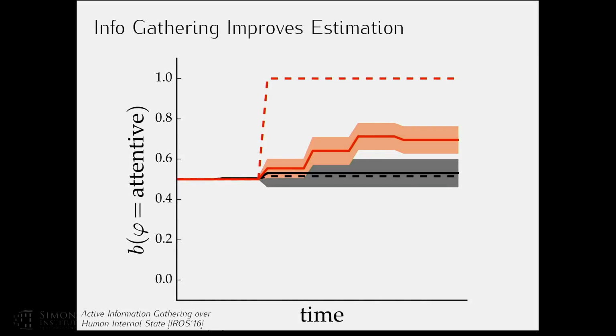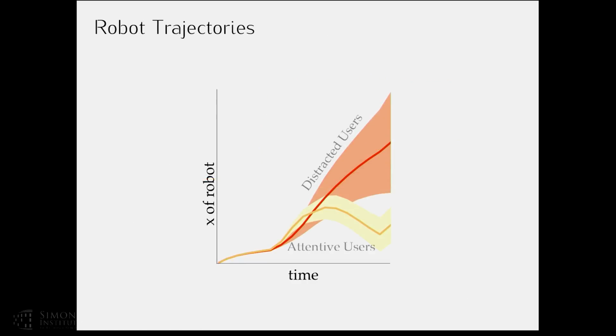Here what you see plotted is the robot's belief in the passive case, and in the case where it gets to act to gather information. Interestingly, we also looked at what the robot did. The robot's trajectories are very different when it's dealing with distracted users versus attentive users. And this was really cool to see.